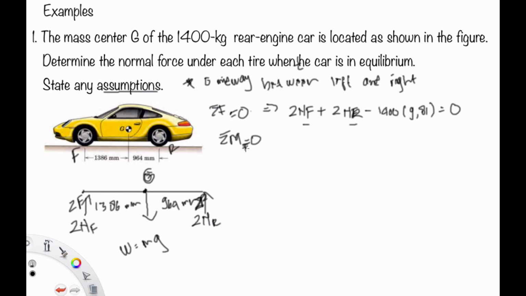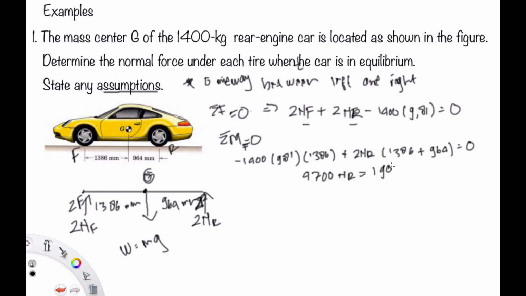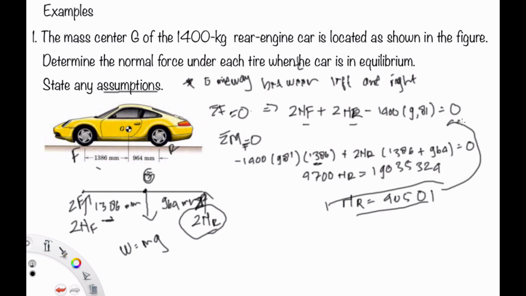But I choose to find the sigma M moment about point F. So you have negative 1400 times 9.81, times the distance from F to G, 1386, plus 2Nr times the distance 964 plus 1386. So we have Nr as 4060, and then we can substitute this result into this equation.